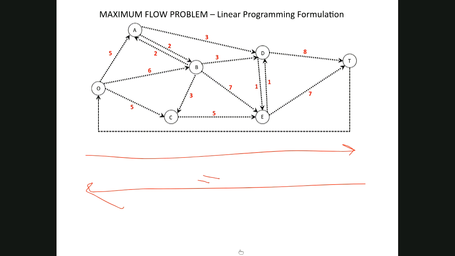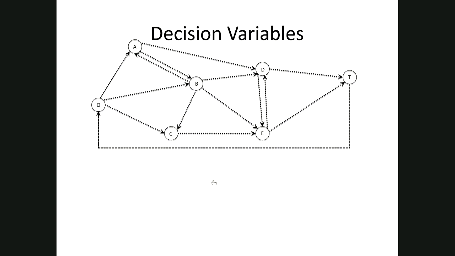So let's look at our decision variables. And again, I'm going to start with an example. We're going to say OA is going to be the amount of water flowing from O to A. That's going to be the definition for our decision variable that corresponds to this path or to this pipe.